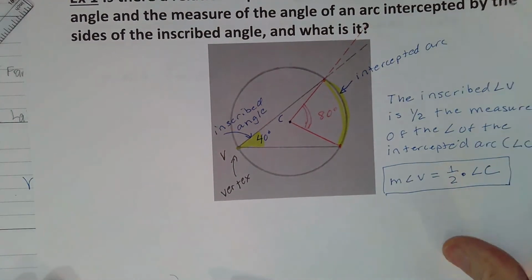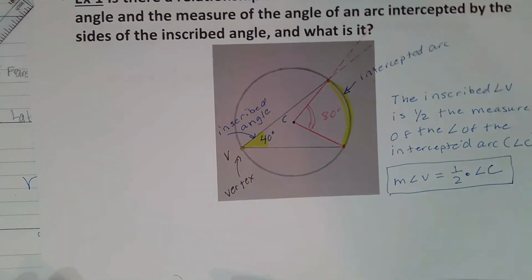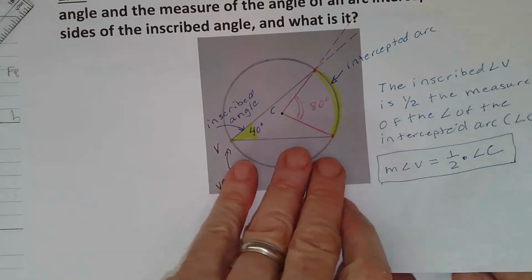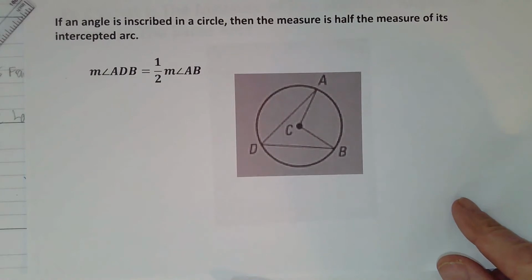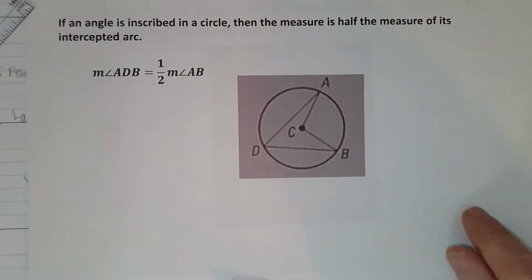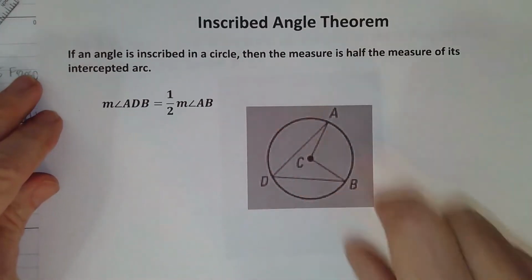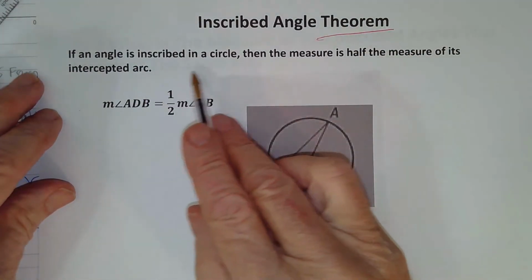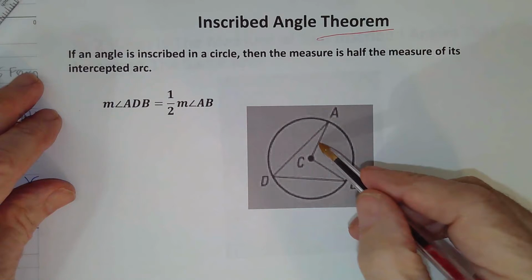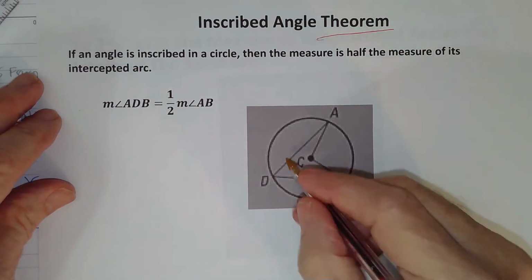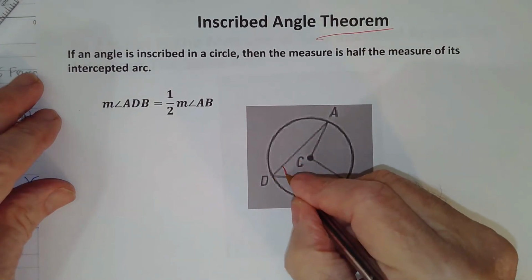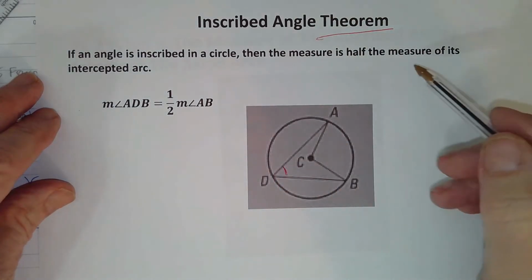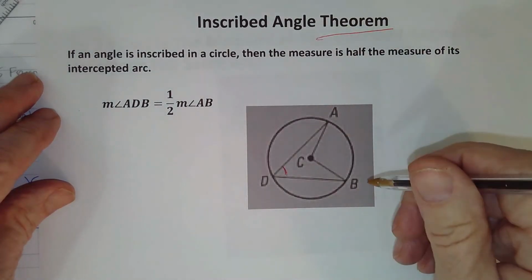Let's move on. So that takes us to our rule, and I described that to you. So the rule is, this is the inscribed angle theorem now. If an angle is inscribed in a circle, so this angle here is inscribed in the circle, by definition, this one here, angle D, or ADB, then the measure is half the measure of the intercepted arc.